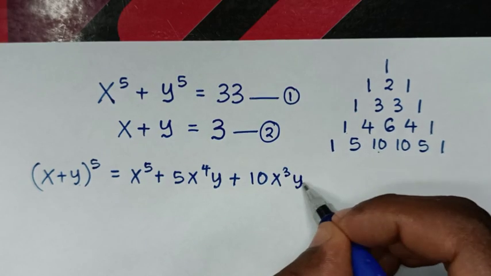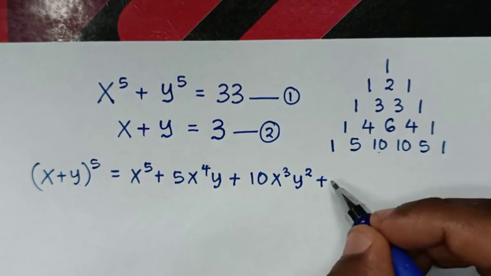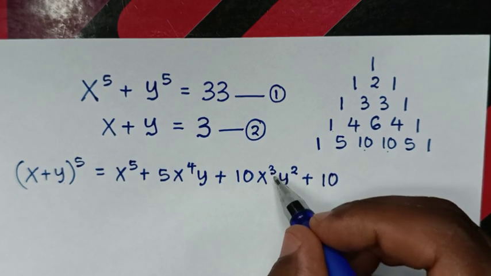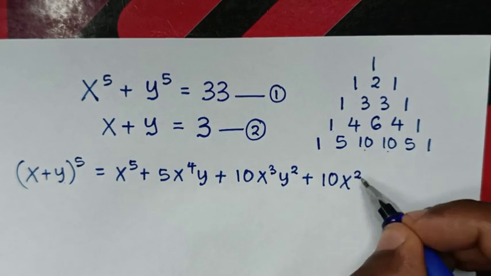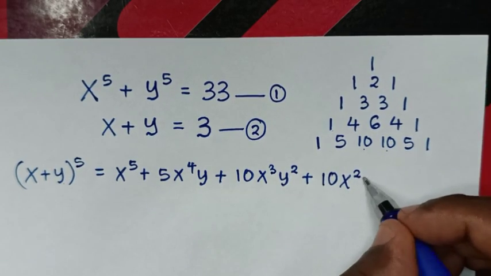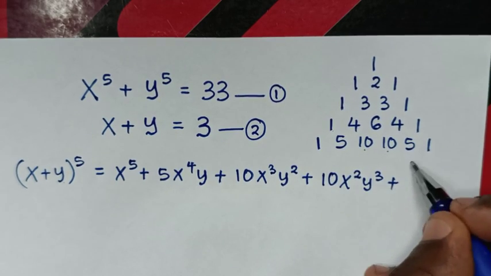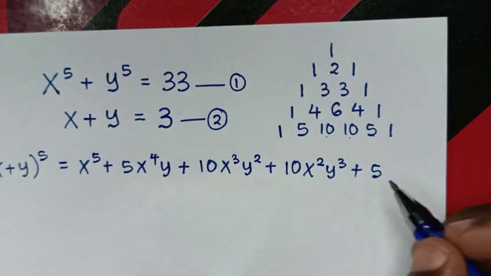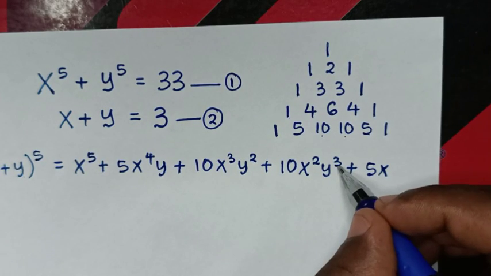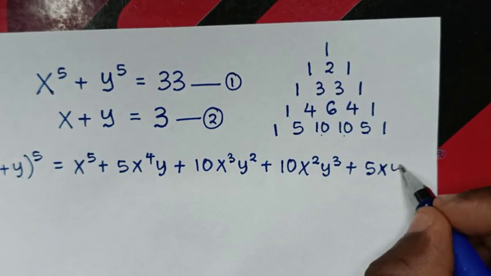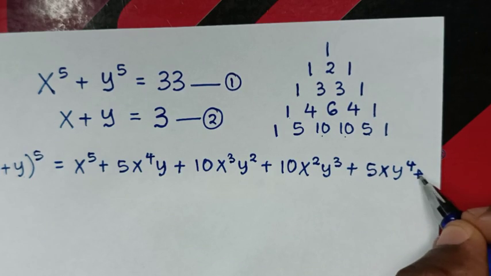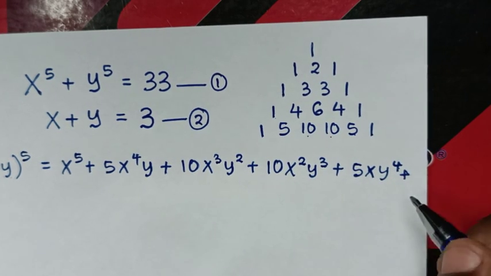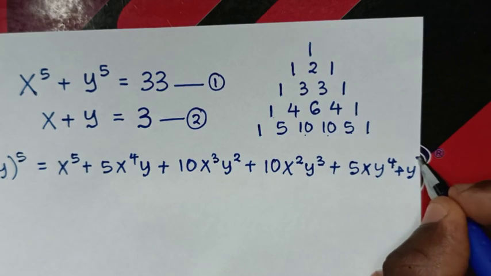y will increase to y power 2, then plus this 10, x power 3 will reduce to x power 2, y power 2 will increase to y power 3, then plus this 5, x power 2 will reduce to x, y power 3 will increase to y power 4, then plus coefficient 1, so y power 4 will increase to y power 5.